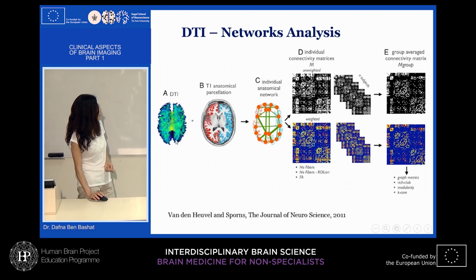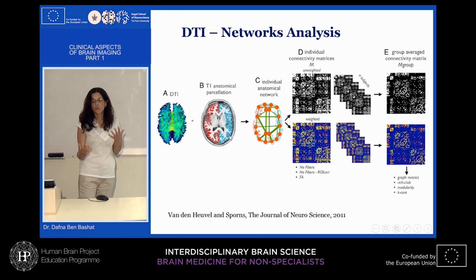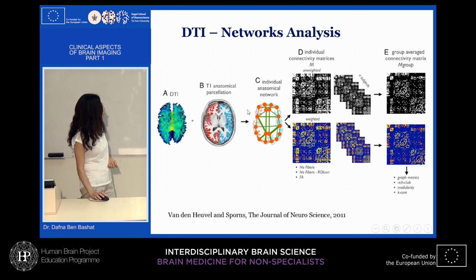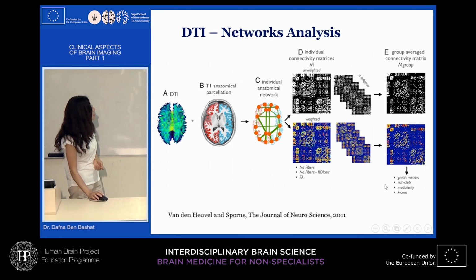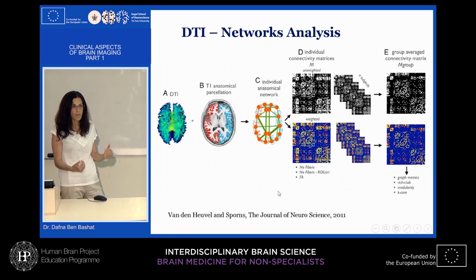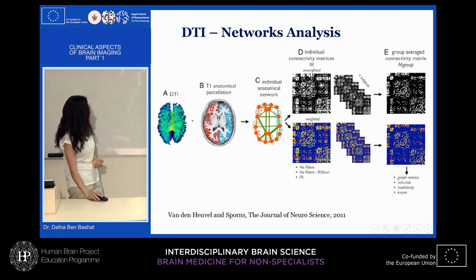So now there are a lot of computational methods for taking this DTI information, doing a specific parcellation, choosing the right areas that we are interested in knowing the connection between, and then deciding which measure we want. We can take FA, or the number of fibers, or a specific lambda, or any parameter extracted from these methods and build matrices of connectivity for each subject.